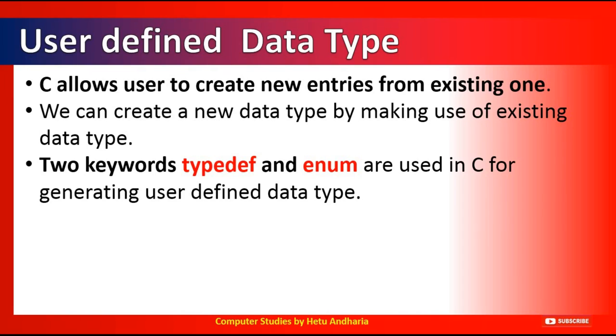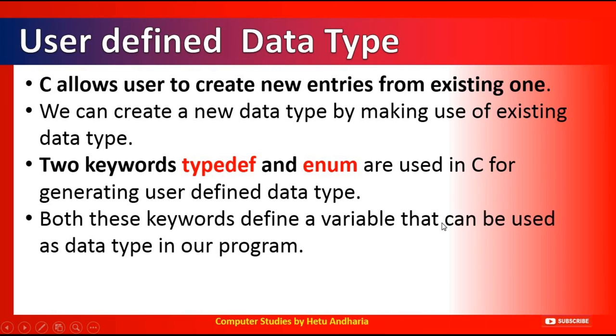Say for example there is a data type named int, but if you don't want to use int for declaring any integer variable, you want to use your own name, say natural, then you have to declare it using enum, or using typedef also: typedef, then int, and then space and the new name. That just now I will explain you in detail.